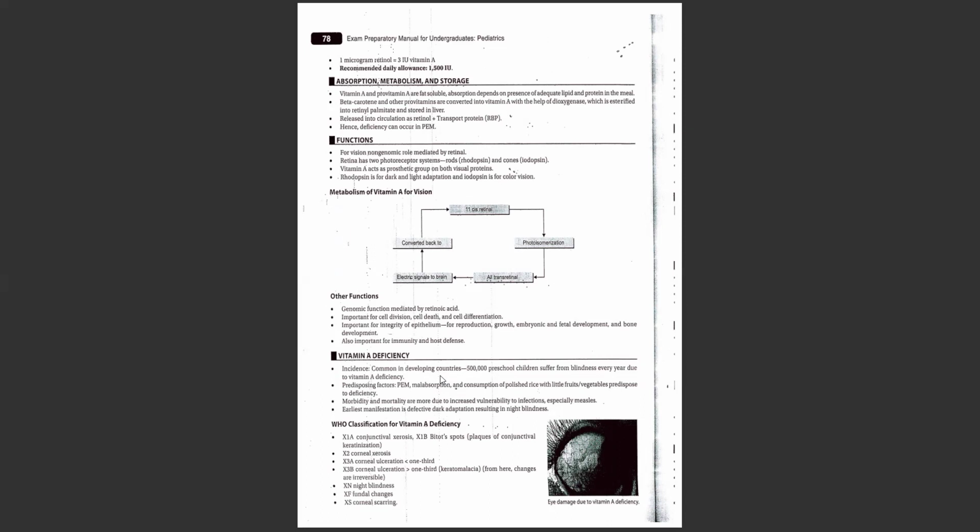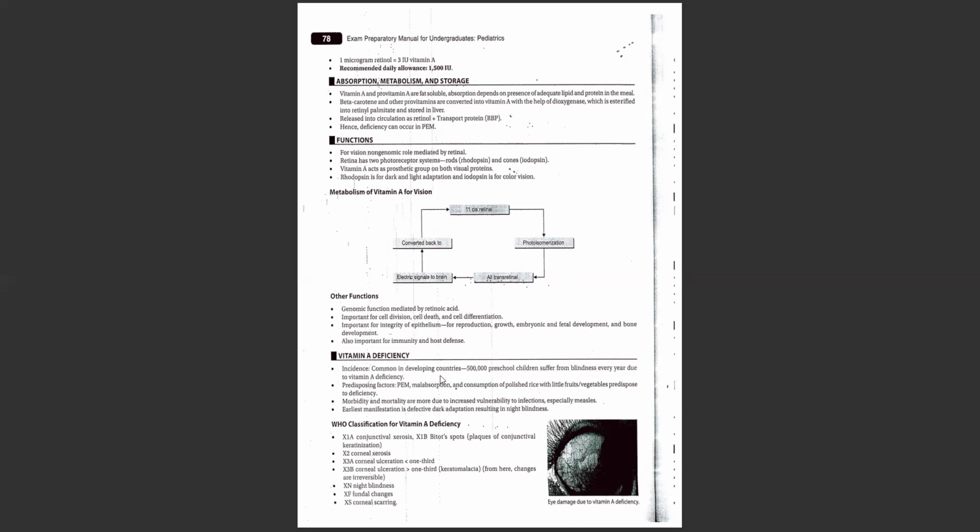Now, something about the absorption, metabolism, and storage of vitamin A. Vitamin A and provitamin A are all fat soluble; we already said that the fat soluble vitamins are A, D, E, K. Absorption depends upon the presence of adequate lipids and proteins in the meal. Beta carotene and other provitamins are converted into vitamin A with the help of dioxygenase, esterified into retinyl palmitate, and stored in the liver.